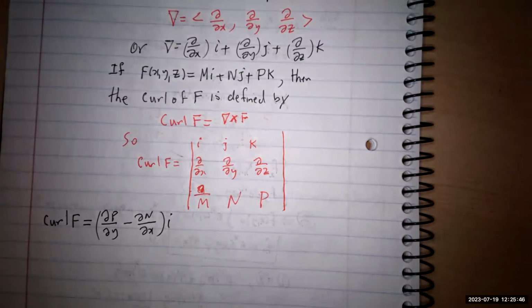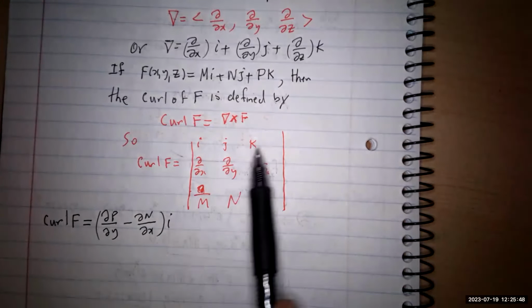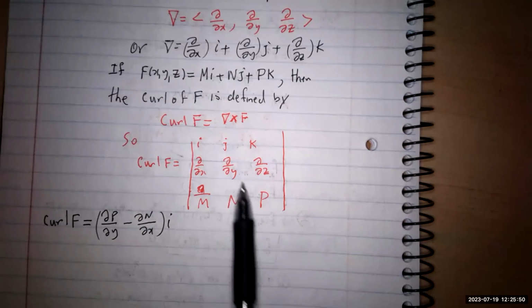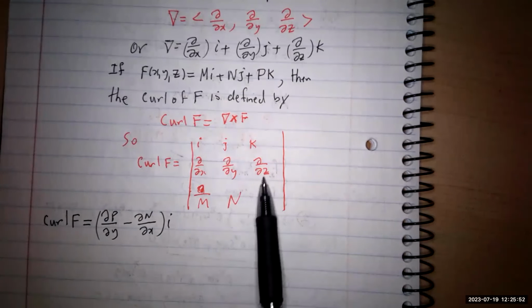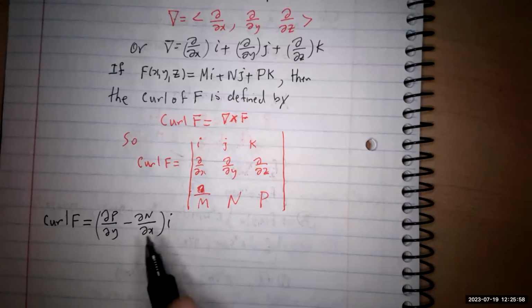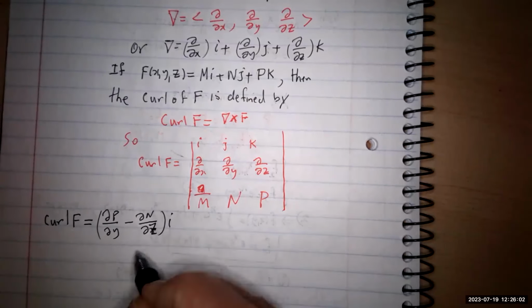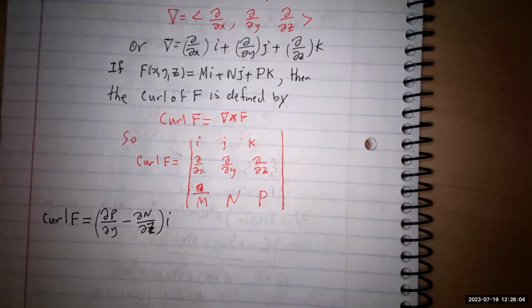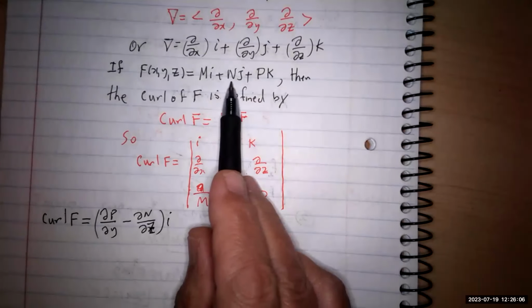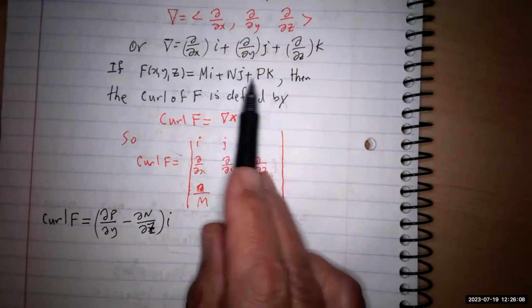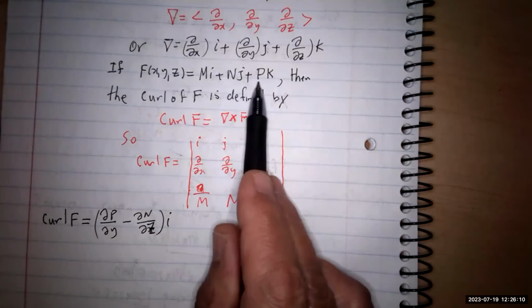There must be something wrong. Let me just check. This is x, y, z. So this is z, sorry, z. As you can see, N is the second component, the y, and this is the third one, the z. So we do it the other way around.